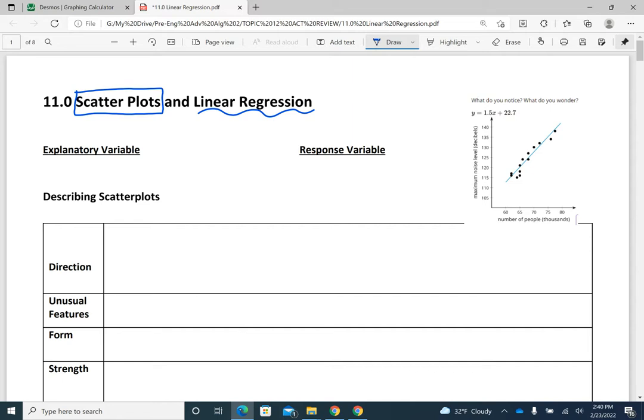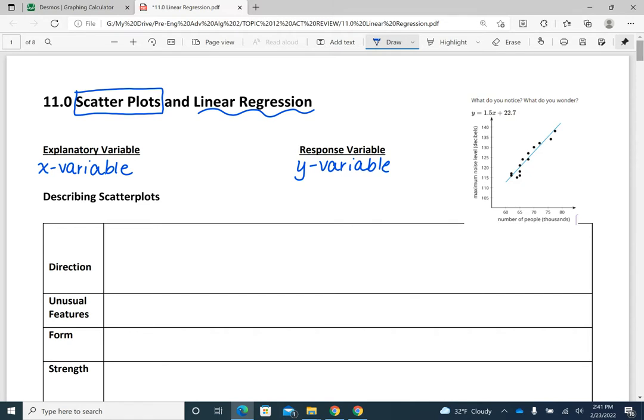The explanatory you can think of as the x variable, and the response variable you can think of as the y variable. In statistics, we label them this way because the y variable, or the response variable, responds to the x, or the explanatory variable explains the response. So in other words, the number of thousands of people would explain the maximum noise level in decibels.